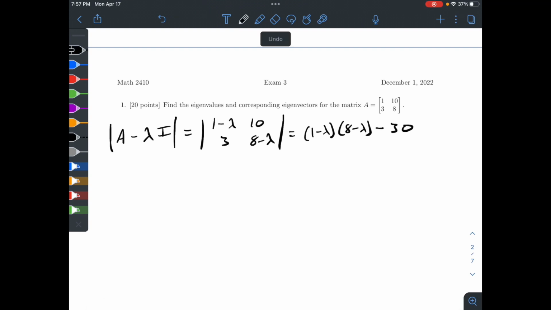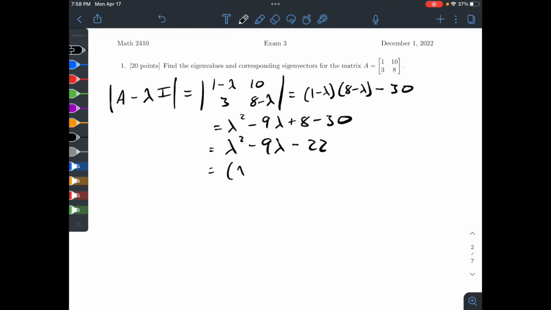And now we want to find the roots of this. So this is equal to lambda squared minus 8 lambda minus 1 lambda, so minus 9 lambda, plus 8 minus 30, or minus 22.